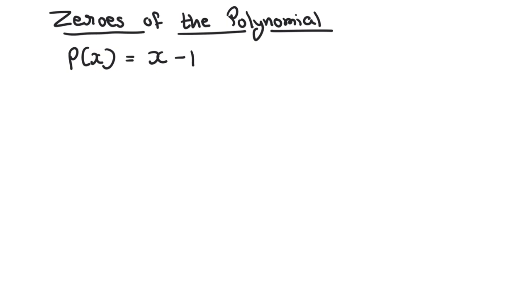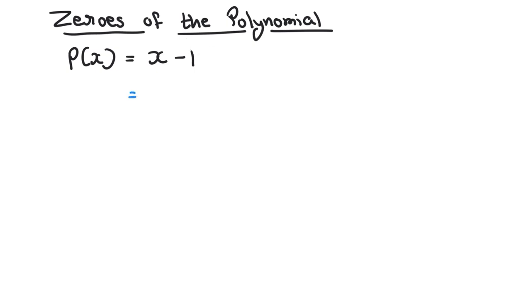If I ask you, what should the value of x be so that this polynomial becomes 0? Think, what should the value of x be so that this polynomial becomes 0?